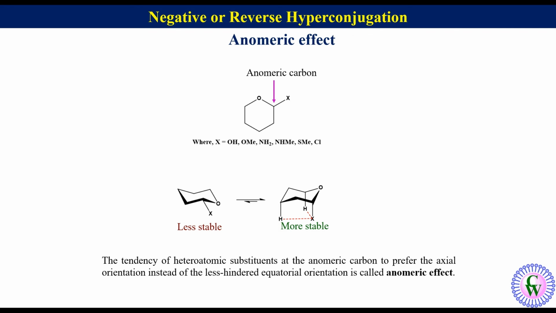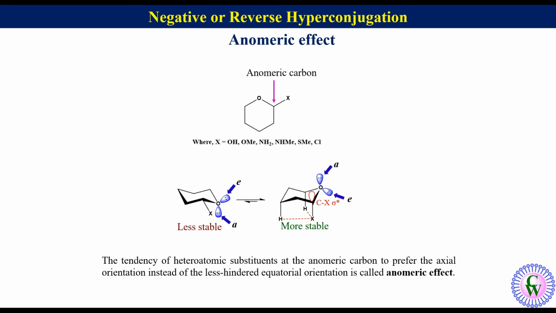is called the anomeric effect. The most accepted explanation for the anomeric effect is that the ring oxygen has two lone pairs in non-bonding orbitals. Out of two, one is axial and another equatorial. In the chair conformation with axial substituent, the antibonding orbital of the C-X sigma bond is parallel to the axial non-bonding orbital.